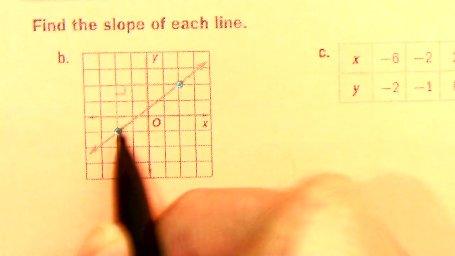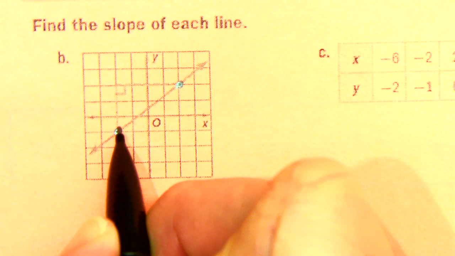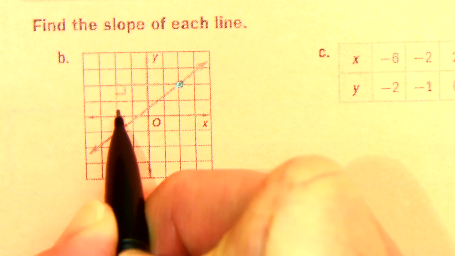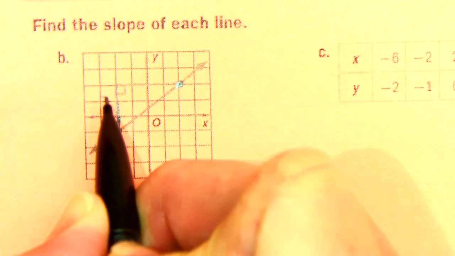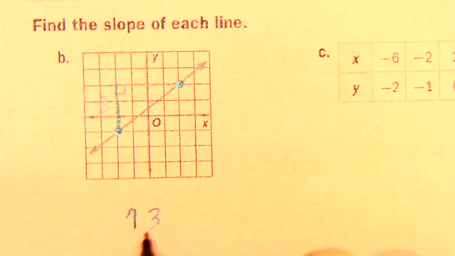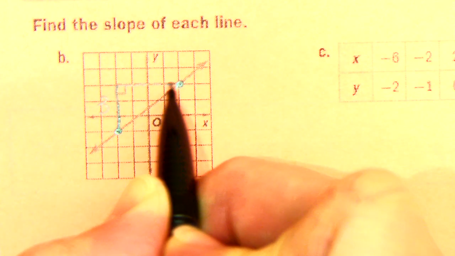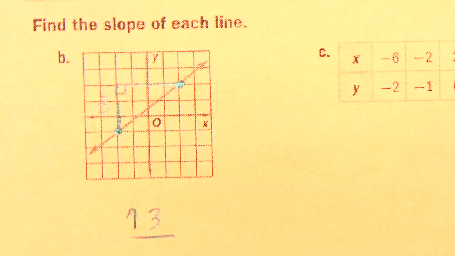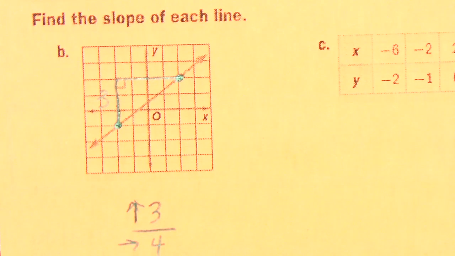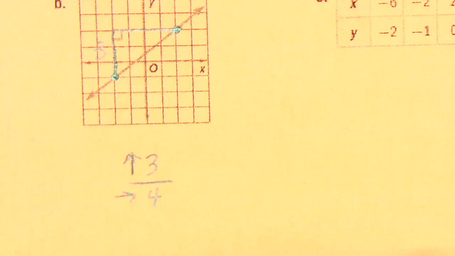Well, from this point to that point, how much is it going up? 1 space, 2 spaces, 3 spaces. So up 3, and to the right, 1, 2, 3, 4 spaces. So up 3, to the right 4. Can we reduce? No, we can't. Our slope of that line is 3/4.